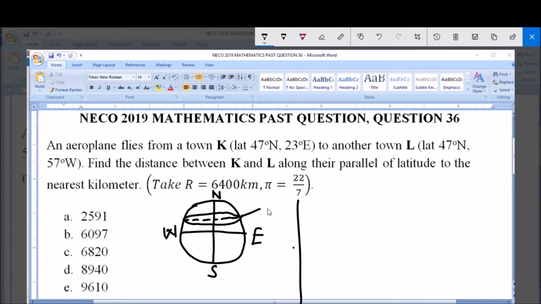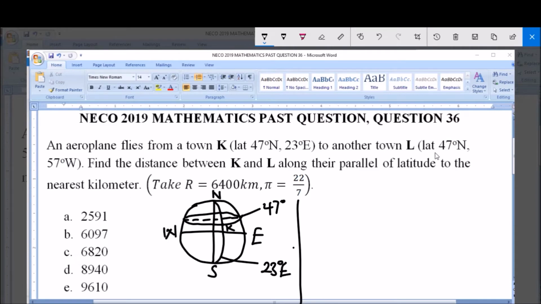Town K has longitude 23 degrees east, and since it is east, it will be around this place. This point here is town K, and here is 23 degrees east.